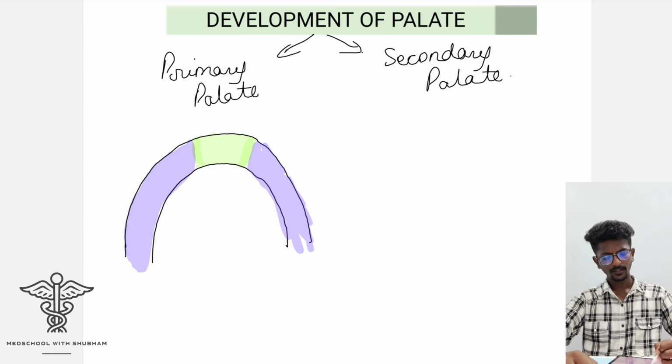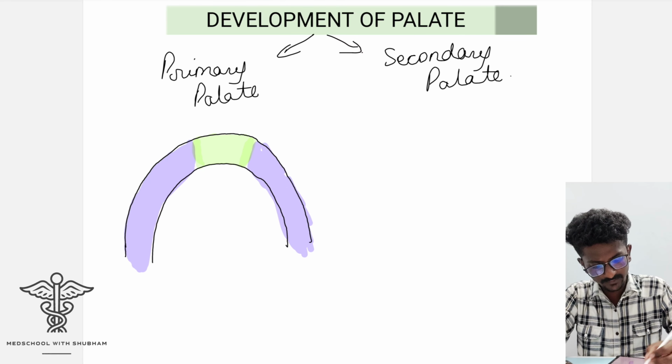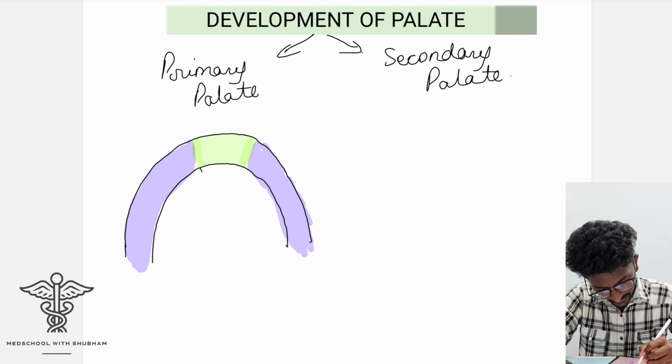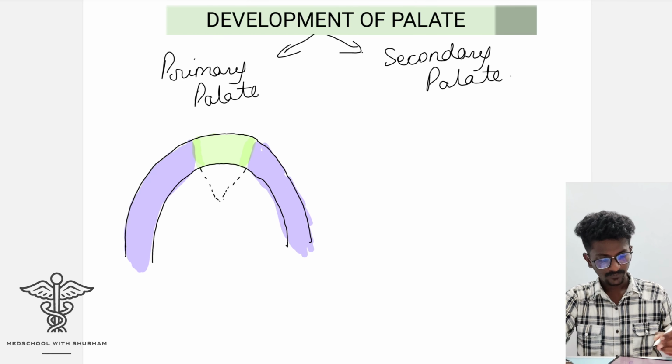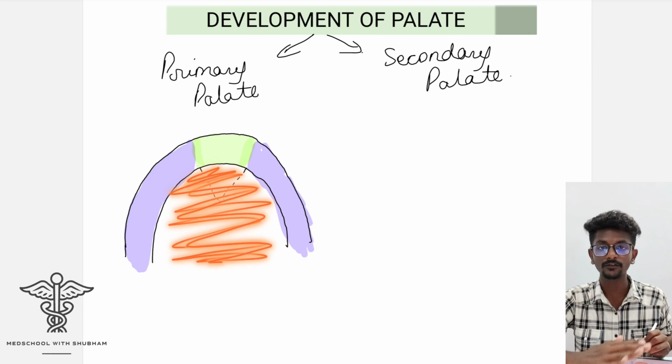Now what will happen? From the medial nasal process, I will get an extension inside. Till now this is the palate which is not yet formed, so we have to make the palate over here.